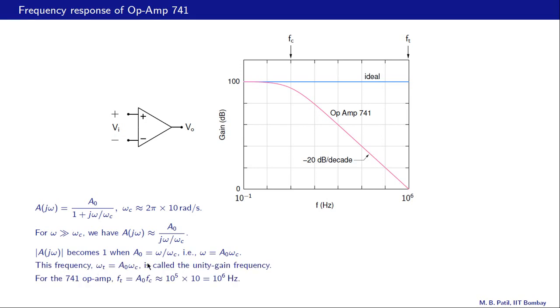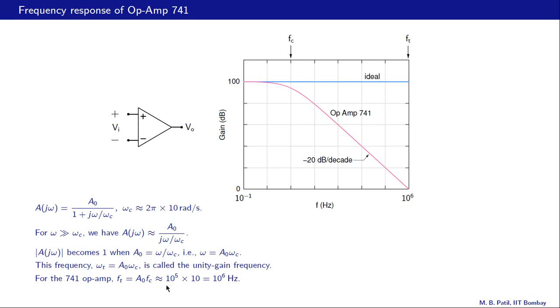And this frequency, omega equal to A0 times omega c, is called the unity gain frequency, and it is denoted by omega with a subscript t. And for the 741 op amp, the corresponding frequency in hertz, which is denoted by f with a subscript t, is A0 times fc, where fc is this corner frequency or the 3 dB frequency.